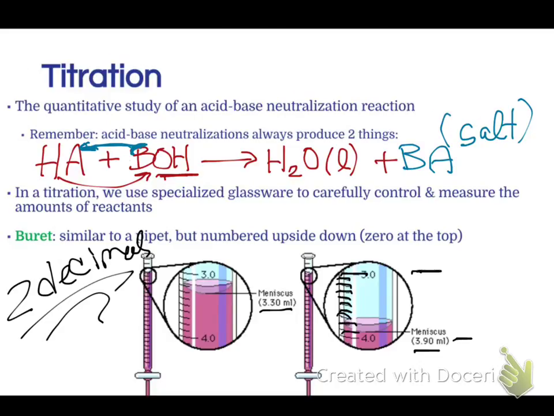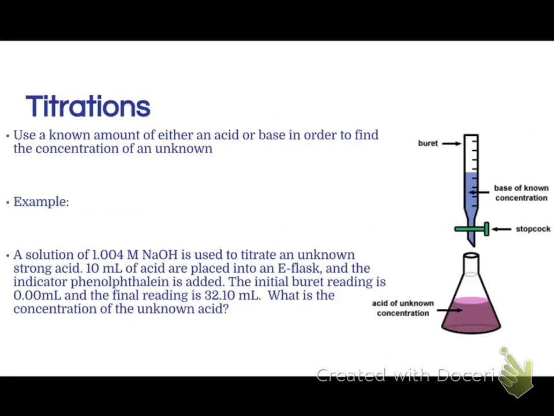Of course we're going to read at the meniscus, and I think it's right aligned with that 3.9. So the recorded value is going to be 3.90, because I always go one more place past the marking. All right, so 2 decimal places. I would not write 3.9. That would be an inaccurate measurement, and we'll lose points on the lab for doing that.